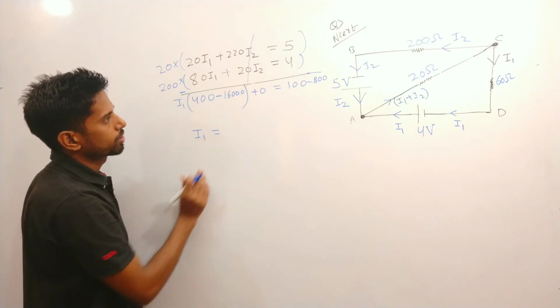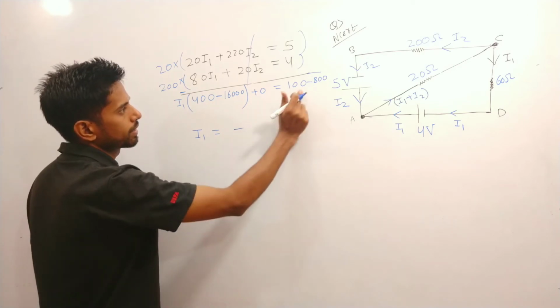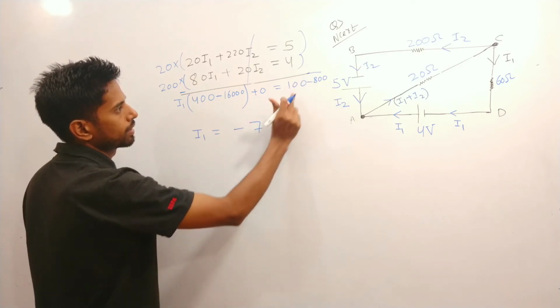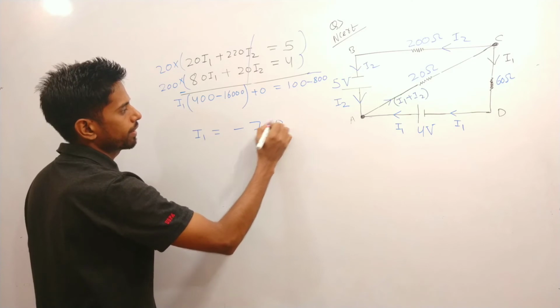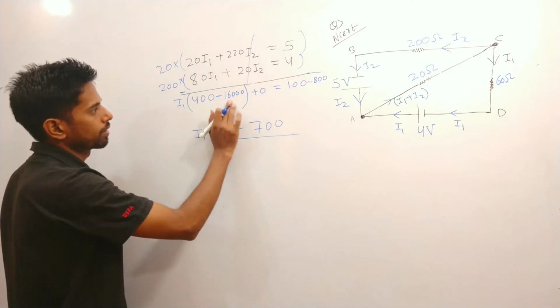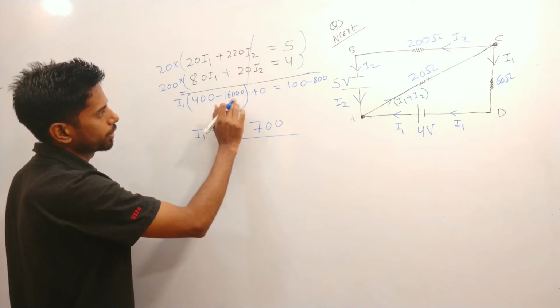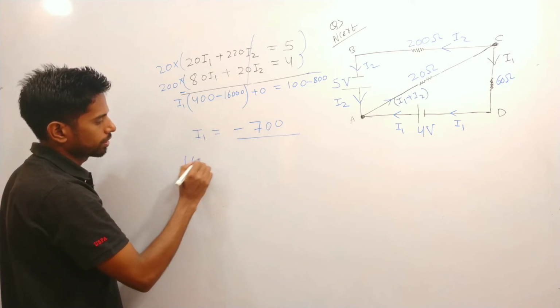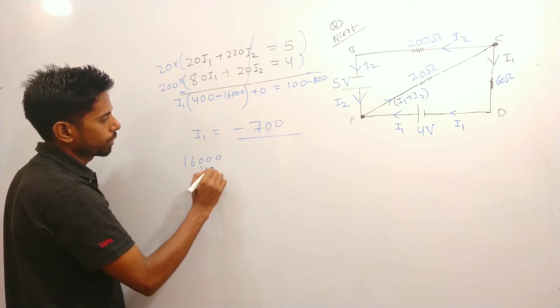Now you can find I1. I1 is equal to how much? Minus 700 upon, this will become 400, you minus it. 16,000 minus 400.